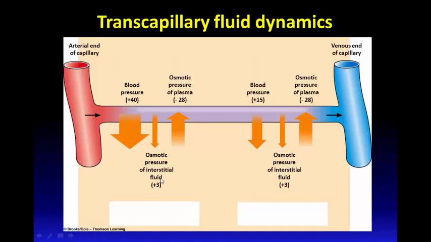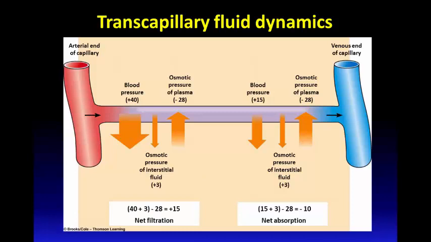The forces which oppose filtration are the osmotic pressure of the plasma, which has a value of approximately 28 millimeters of mercury at the arteriolar end of the capillary, and its value doesn't change at the venous end. The other force which opposes filtration is the hydrostatic pressure in the interstitial fluid, and we have mentioned that its value is approximately 0.